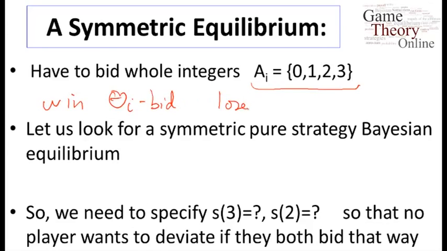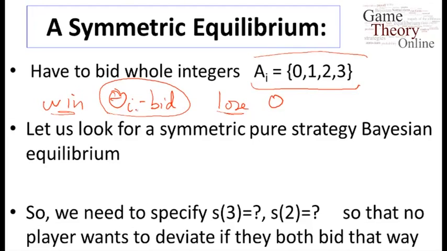If you lose, you get 0, right? So the payoffs depend on what the actions are, which will determine, first of all, whether you end up having the highest bid or not. And then if you win, you get your value minus how much you bid. If you lose, you just get 0.